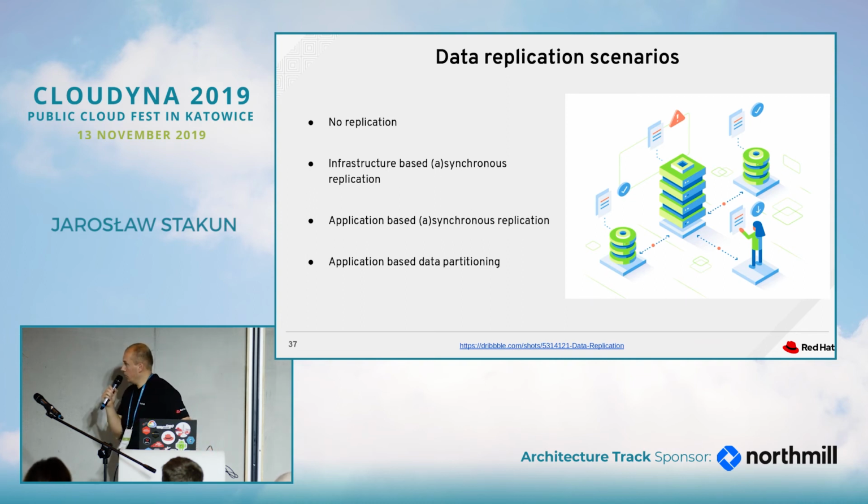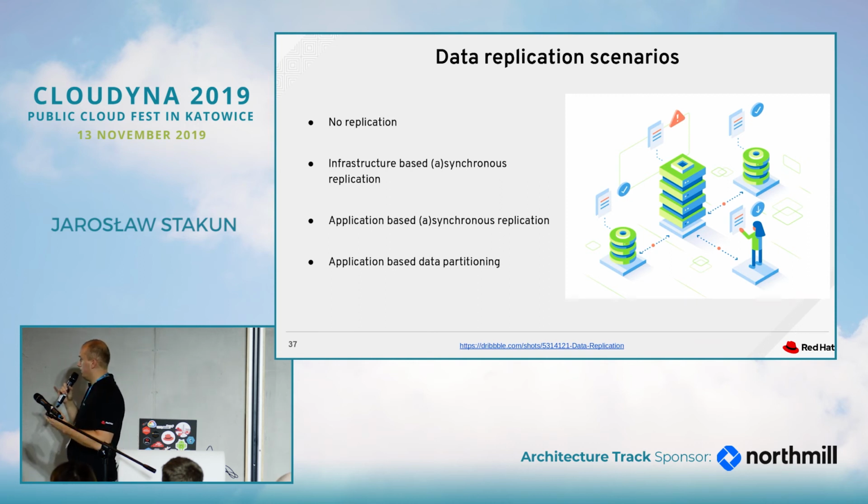And there are three other options you can consider here. The first one is infrastructure-based replication. However, this again will probably not work in public cloud unless you have some software-based solution that will give you the possibility to replicate the data.